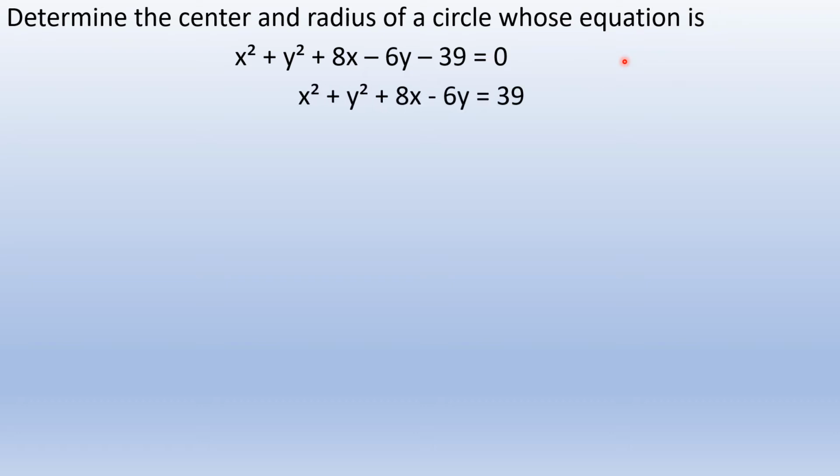Yung negative 39 naging positive 39. Then, let us group x and y together, leaving a blank for the third term. So, x squared plus 8x, yung third term, missing. Plus y squared minus 6y, missing yung third term.